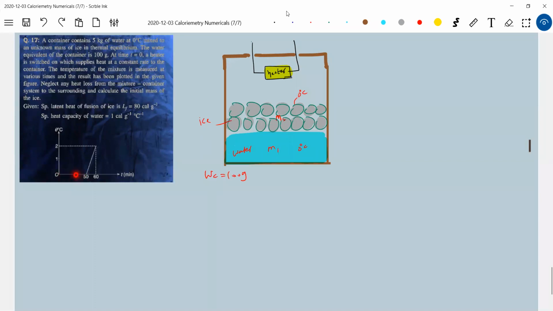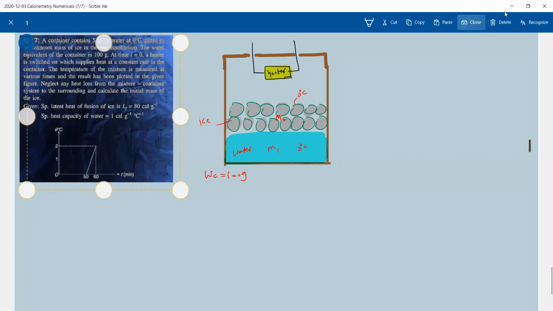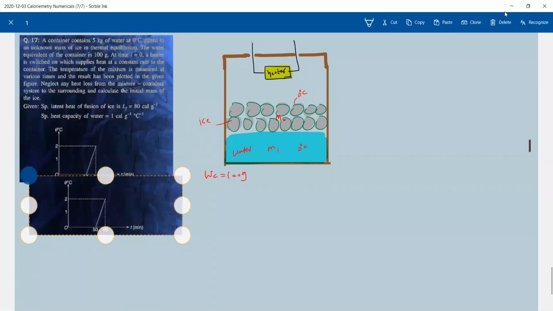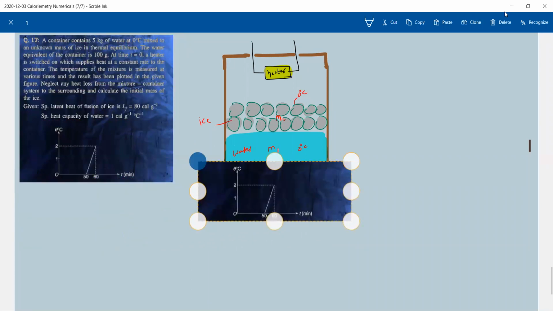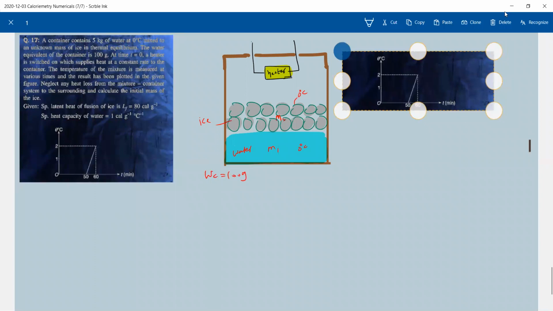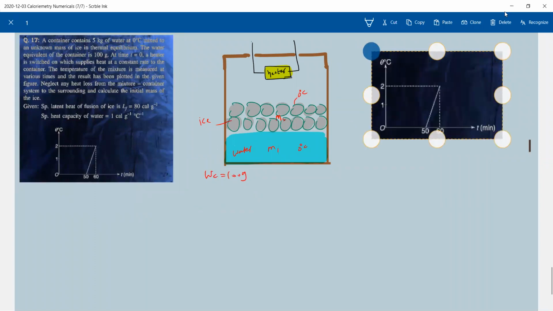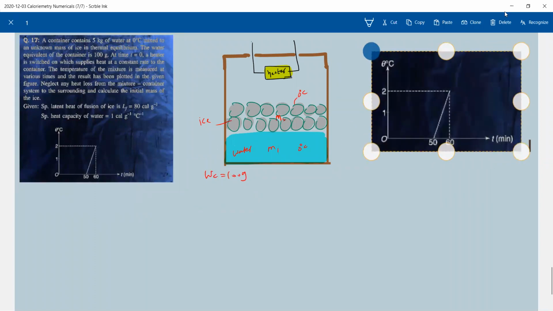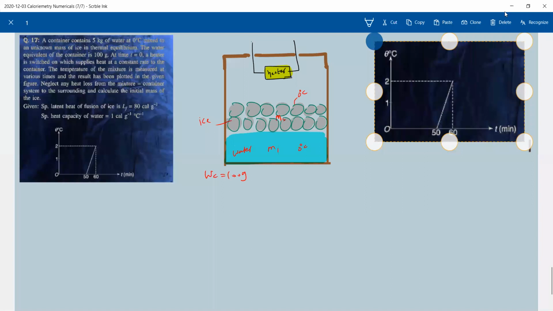So I think we should interpret this graph here. This graph is something very important for us. Let's take this graph. We'll try to put these things. So here in this interval the ice melts.